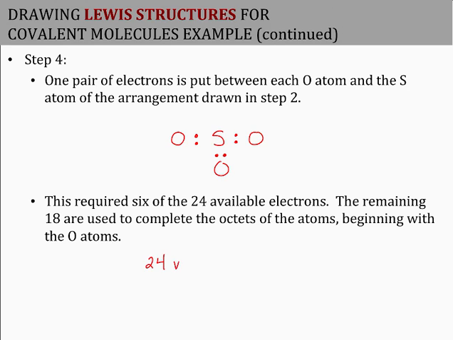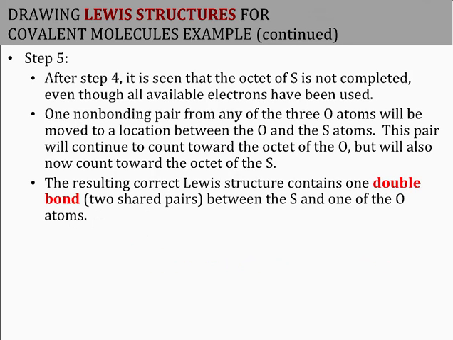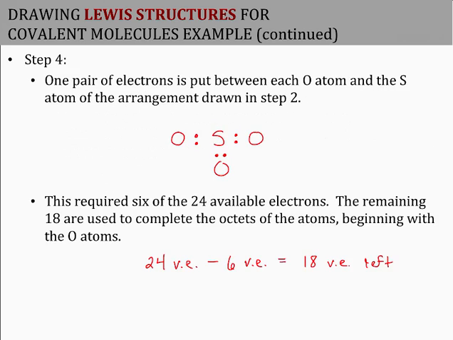So let's subtract 6 from 24, and that will tell us how many electrons we have left to play with. So we have 18 valence electrons left. And we want to make sure that everything has an octet. All right, so let's put those electrons on oxygen. So we're going to give each oxygen an octet.